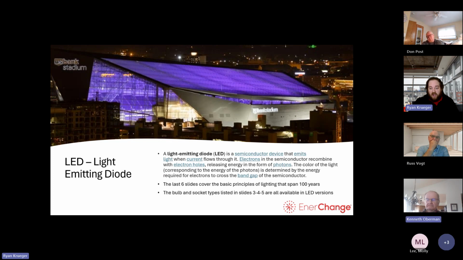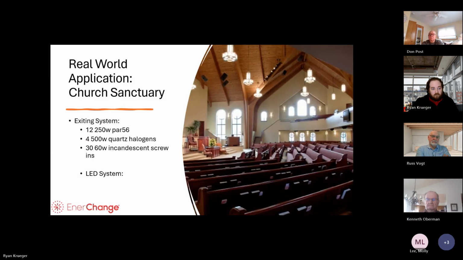So if you have an oddball socket type in a weird recessed fixture, if you pull that bulb out, take a picture of the socket, send it to a lighting distributor, they'll say, hey, you need this product, here you go. And that's about as easy as you can make it.